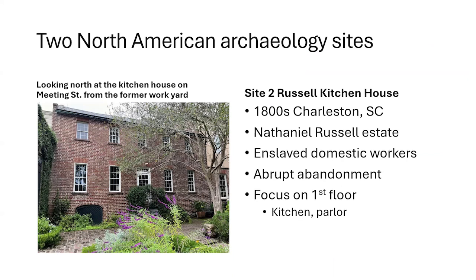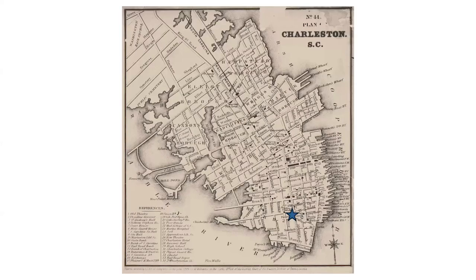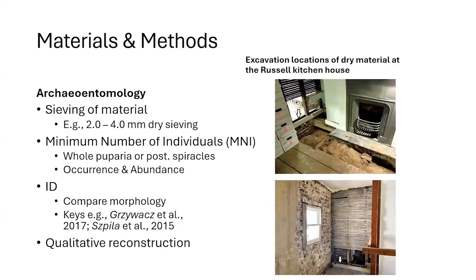And what this site represents is an abrupt abandonment and cessation of those activities that were associated with that original use period. And today I'm going to be focusing on what we found on the first floor in the parlor and the kitchen. So just to give you some geographic reference point, here's a historic map of Charleston with the Nathaniel Russell Estate marked by a blue star.